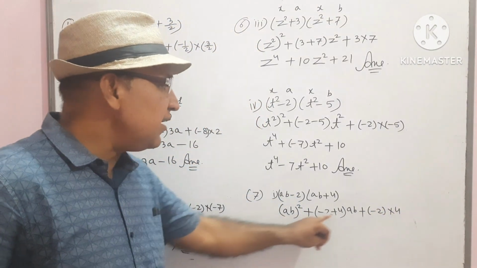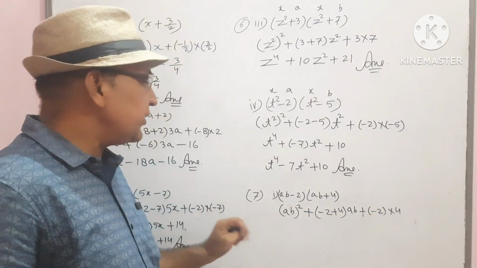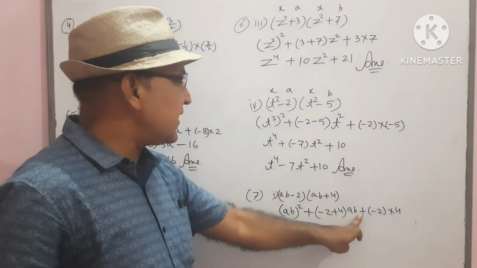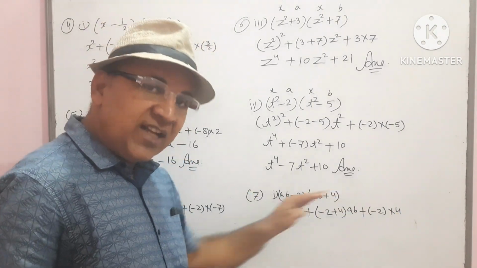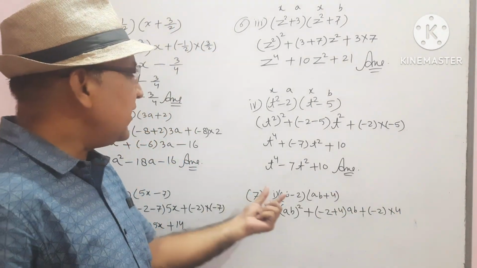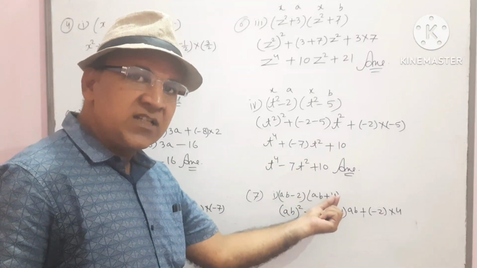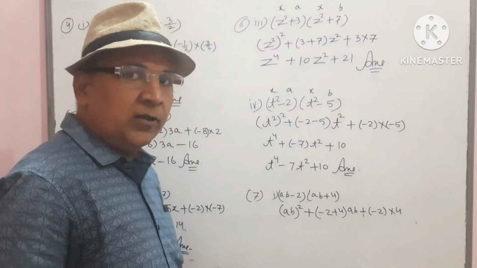I have put the values in the identity. X square plus A plus B into x plus A into B. That is the identity. So I have compared our question with x plus A into x plus B, and then I have put the values.